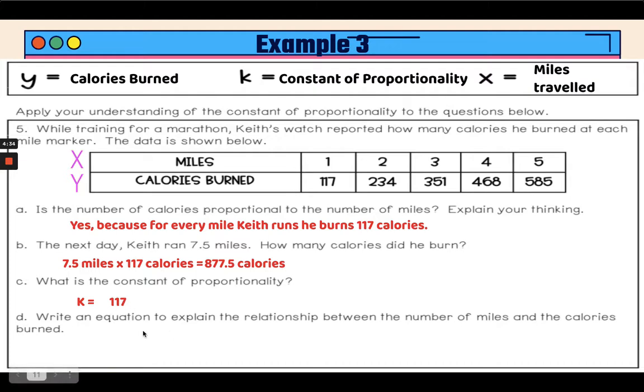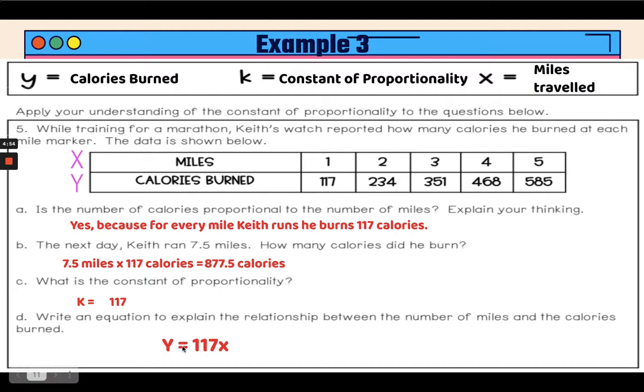Okay, so our equation, our y will always equal 117 times whatever the x is. Remember I did 2 times 117 to get y, 3 times 117 to get y.